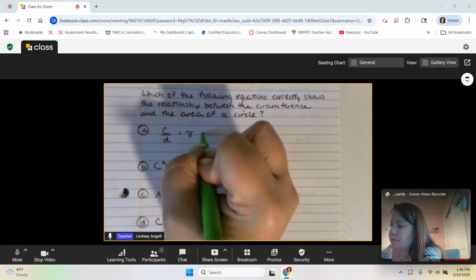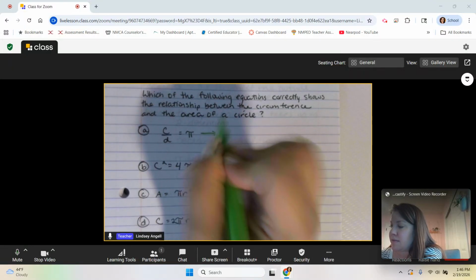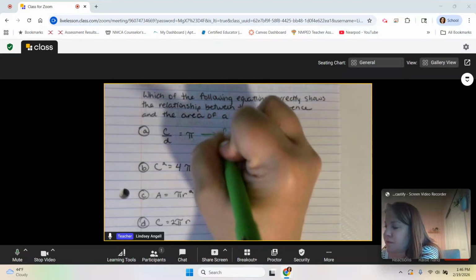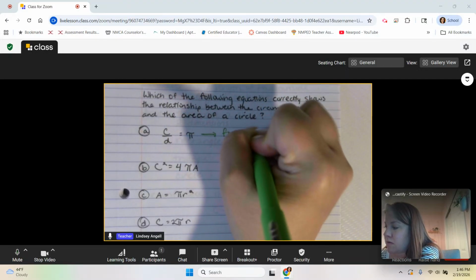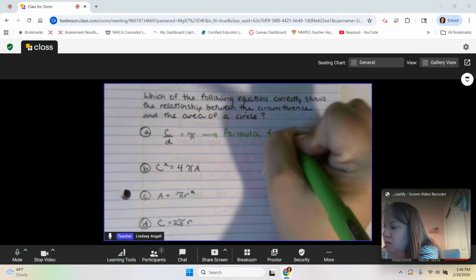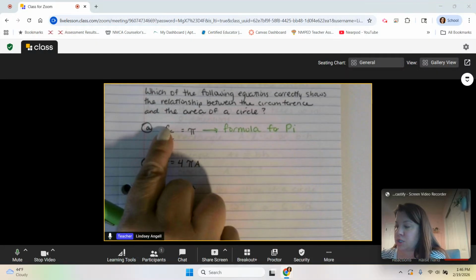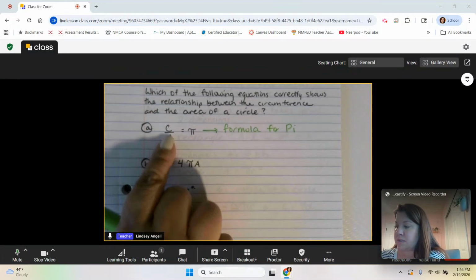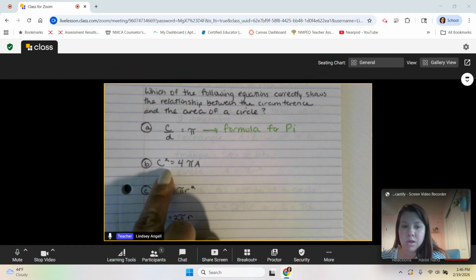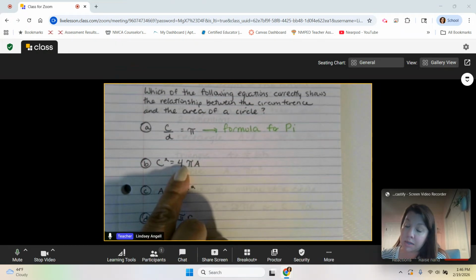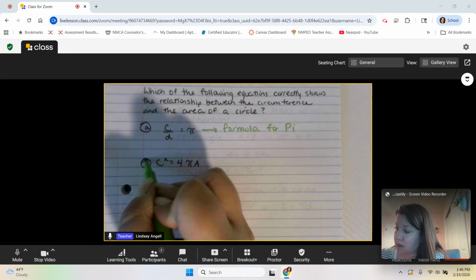With this one, this is the formula for pi. It's the relationship, or the ratio, of the circumference to the diameter. With this one, I'll tell you right now, this is our answer. I'll color that one in.